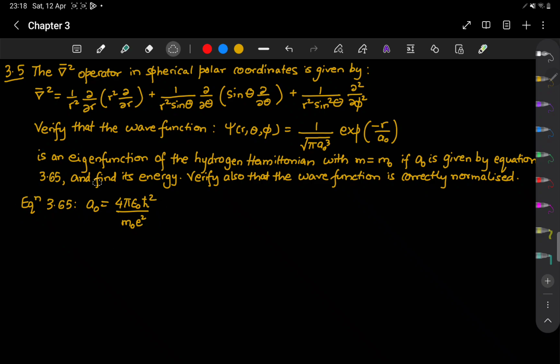So this is equation 3.65, which gives the expression for a naught, which is 4 pi epsilon naught h cross squared over m naught e squared. Now this a naught is nothing but the Bohr radius.